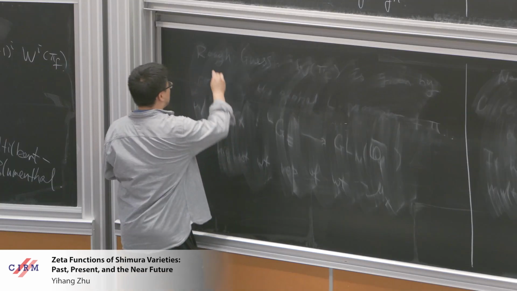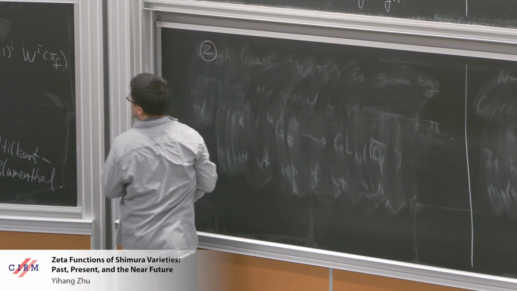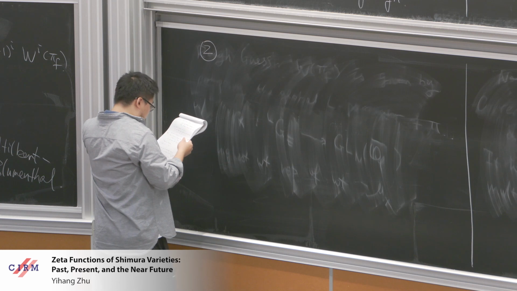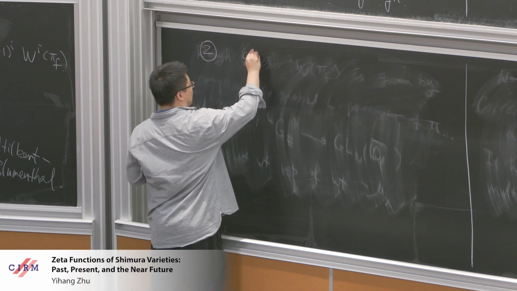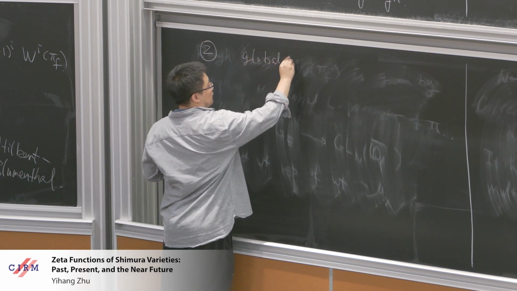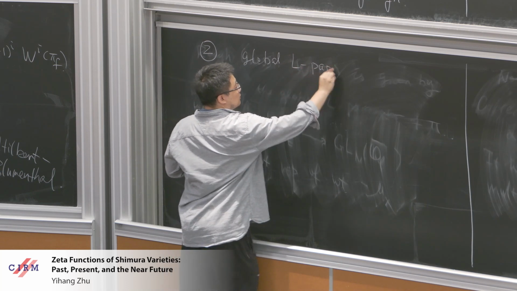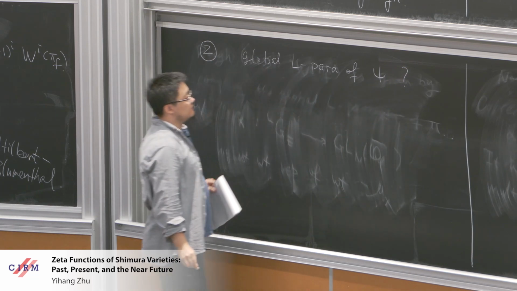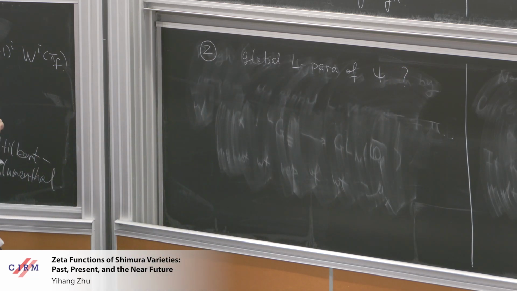Okay, and so the second point I want to explain about part A is what do we mean by the global A packet, the global A parameter, for psi. So what's the meaning of that in this context? Right.